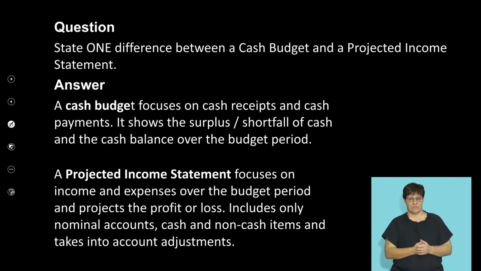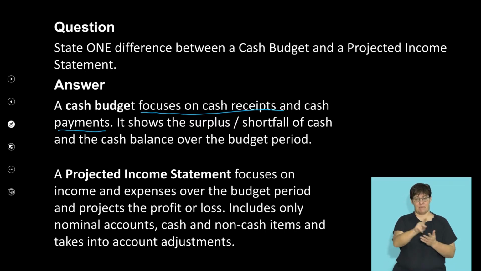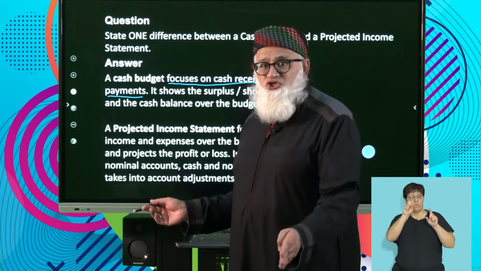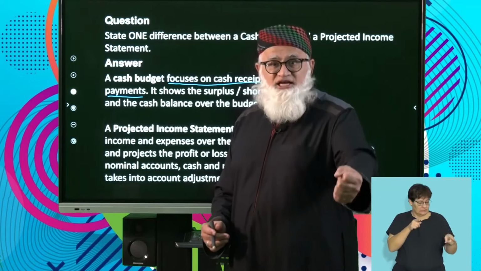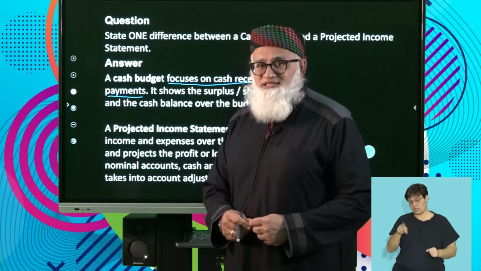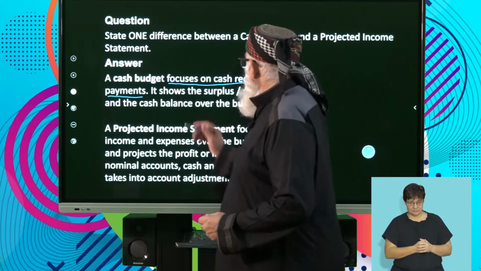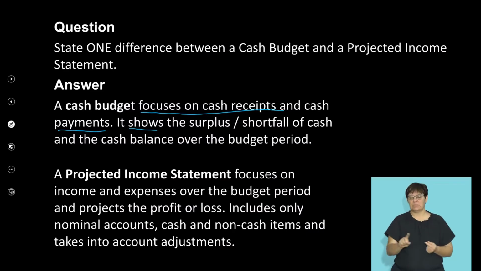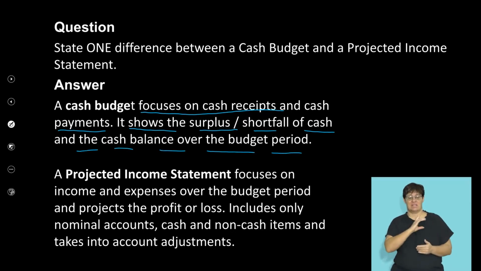Let's look at it. A cash budget focuses on cash receipts and cash payments. Can you see what I've said earlier on? And this is an actual examination question where they ask you a difference between a cash budget and a projected income statement. What does it do? It shows you the surplus or shortfall of cash and the cash balance over the budget period.